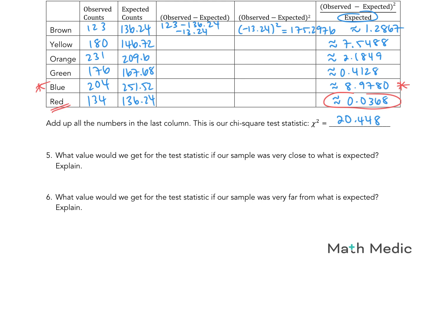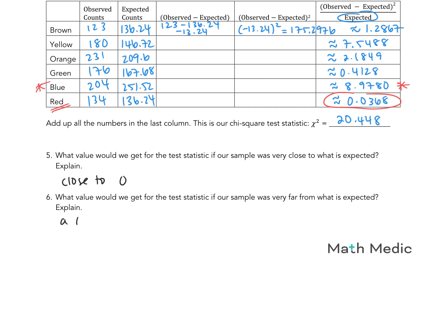Okay, before that, 2 quick questions. What value would we get for a test statistic if our sample was very close to what we expected? Well, it would be close to 0. What value would we get for our test statistic if our sample was very far from expected?